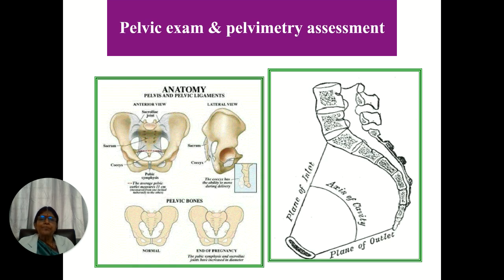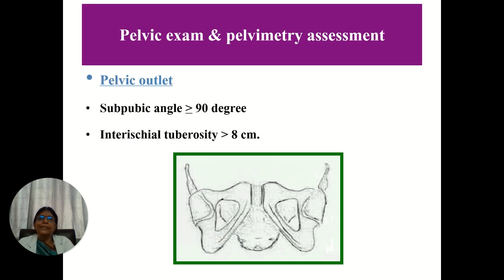Now coming to the outlet of the pelvis, what we want to look at is the subpubic angle. The subpubic angle is the angle formed between both the ischiopubic rami, and it should be more than 90 degrees. The subpubic arch lies 1 centimeter below this, and you should be easily able to apply 2 fingers under the subpubic arch.